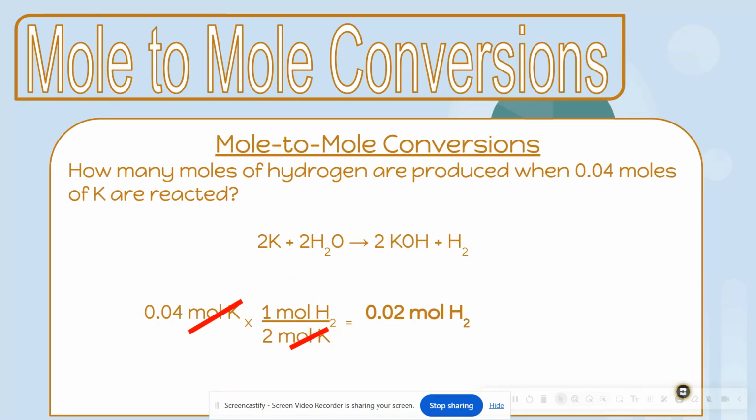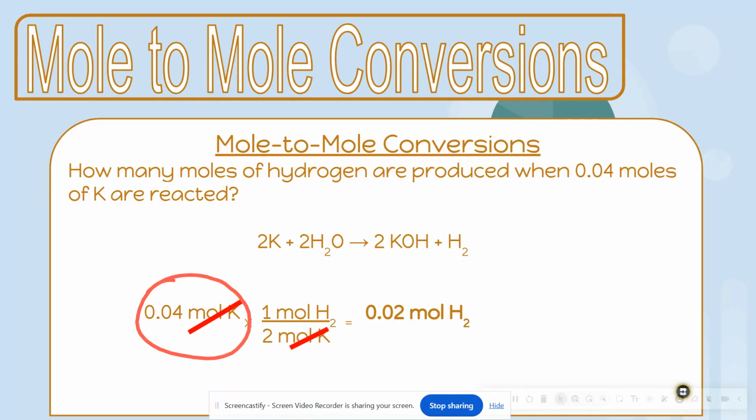So, using these, we can convert moles of one thing to moles of something else. Our question states, how many moles of hydrogen are produced when 0.04 moles of potassium are reacted? So I put my given out front. I have 0.04 moles of potassium. I use my mole ratio.